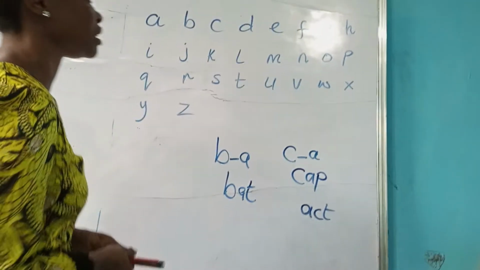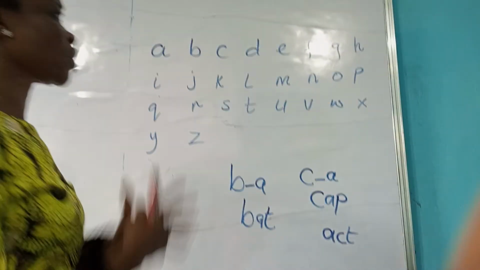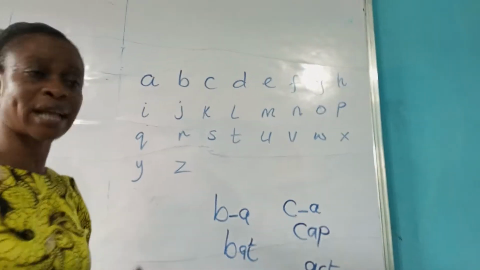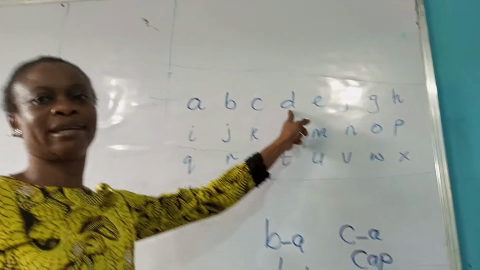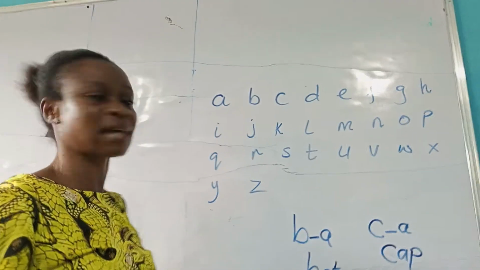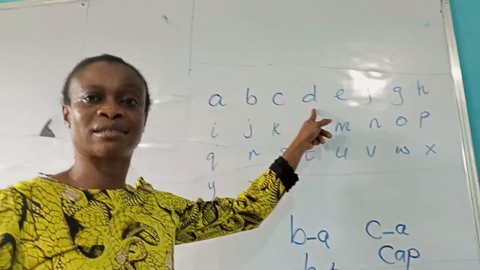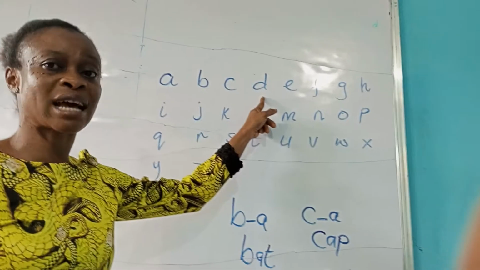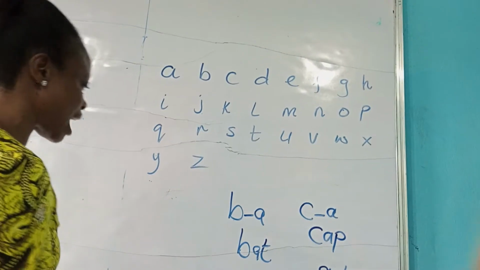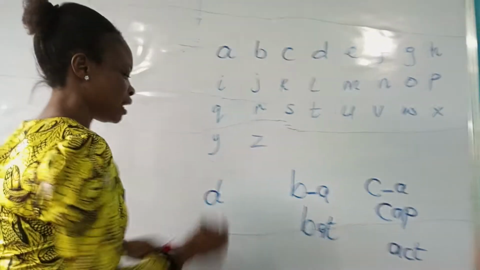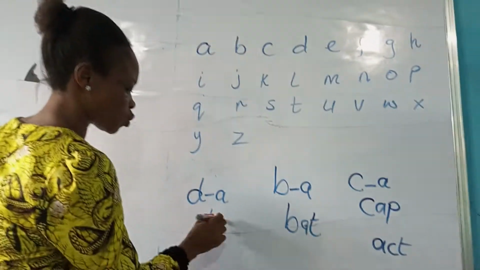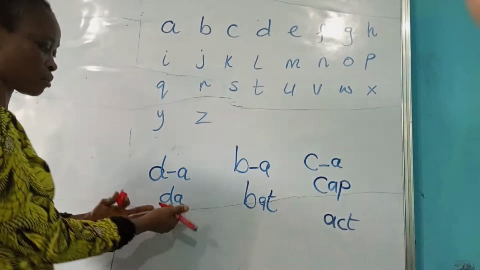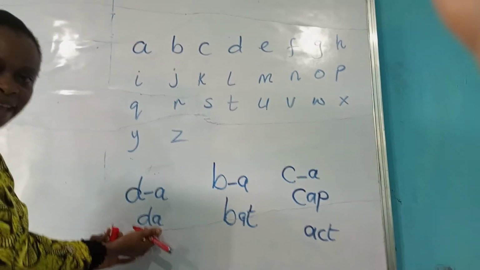Okay, let's proceed. The next consonant in the list is consonant letter D, which has the sound D. When we have letter D, and then we join it with letter A, we're having two sounds here.